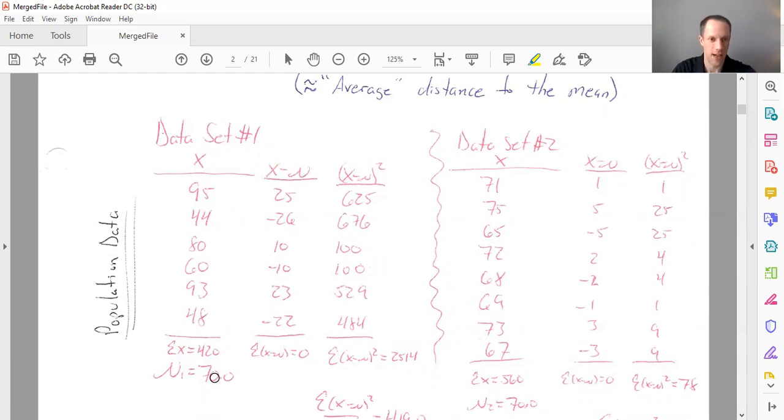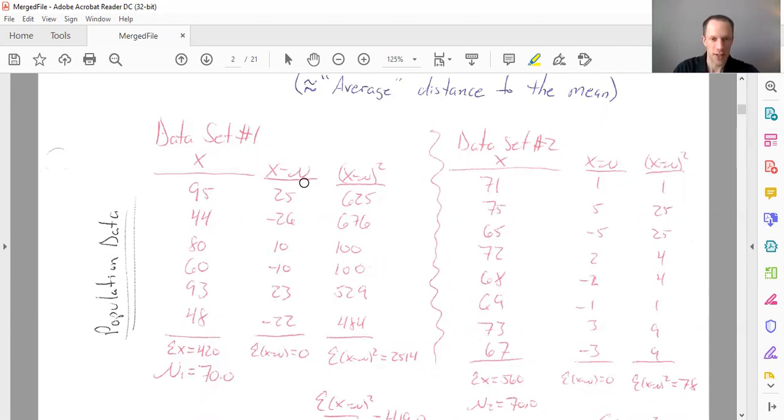I've taken 95 minus 70 and got 25, 44 minus 70 got negative 26, 80 minus 70 is 10, and so on all the way down the list. 60 minus 70 is negative 10, 93 minus 70 is 23, 48 minus 70 is negative 22.